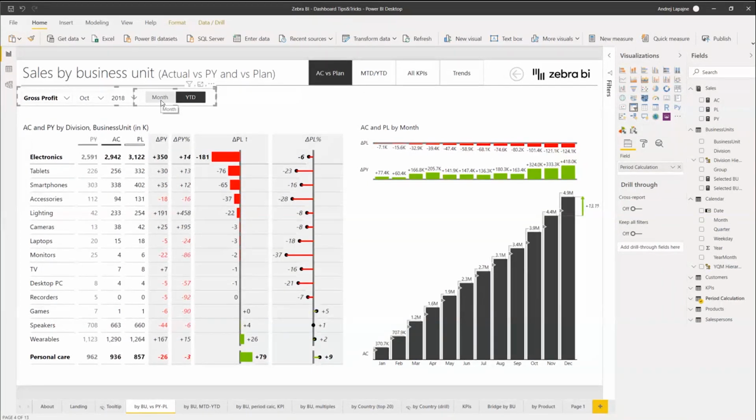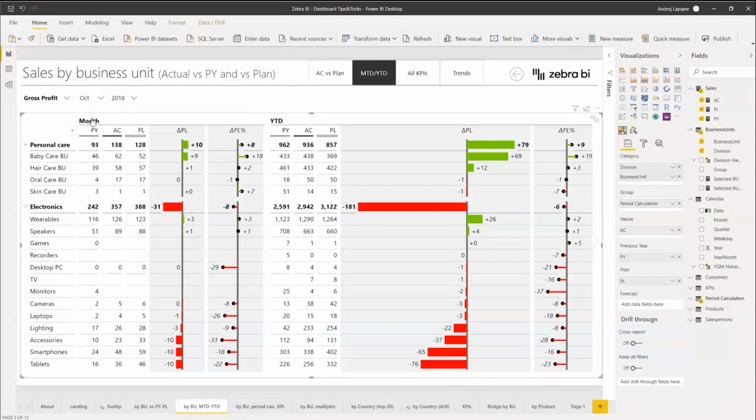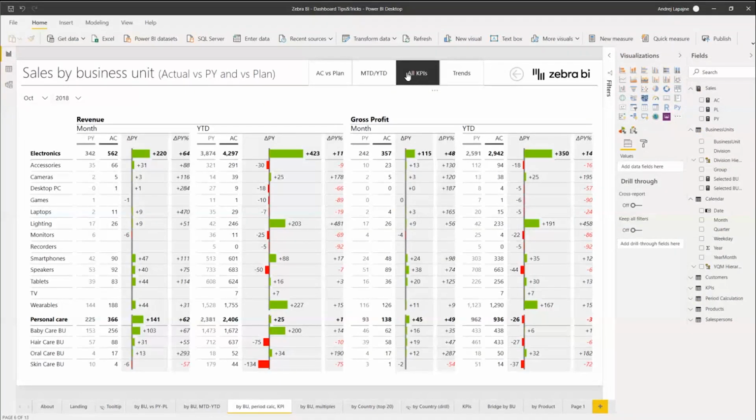Or provide both in the same table, at once, so that I understand the situation in October for the month, month to date, and then year to date, all in the same table. Or even slightly more complex, with the KPIs and then monthly and year to date values.